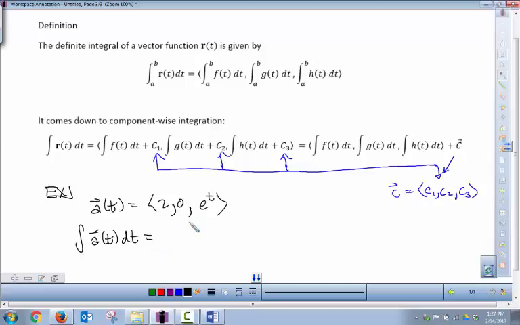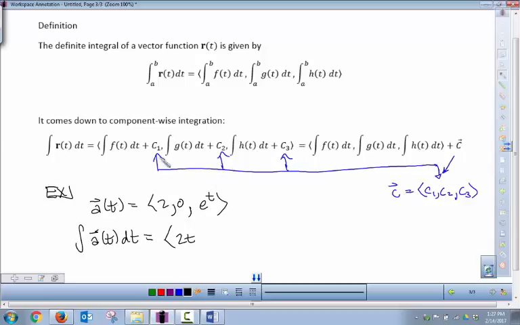So essentially what we'll be doing is we're going to go into each of the components and then take the antiderivative. So we take the antiderivative of 2, that's 2t, and then we would have a plus c.